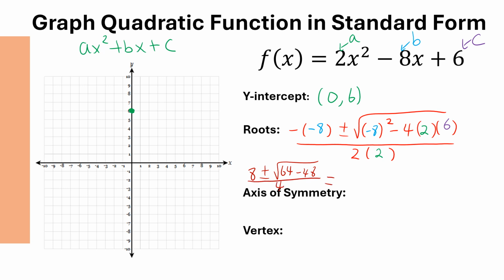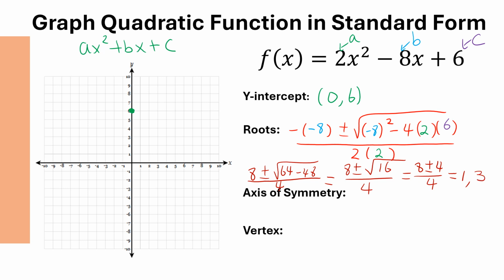And now I'm going to simplify this, so we have 8 plus or minus the square root of 64 minus 48, which is 16, over 4. And 16 is a perfect square, so we have 8 plus or minus 4 over 4. And we can simplify this further. So we can say 8 minus 4 is 4, divided by 4 is 1. 8 plus 4 is 12, divided by 4 is 3.